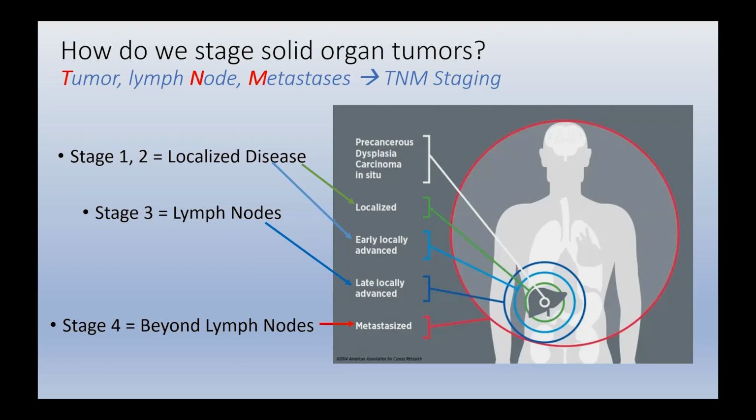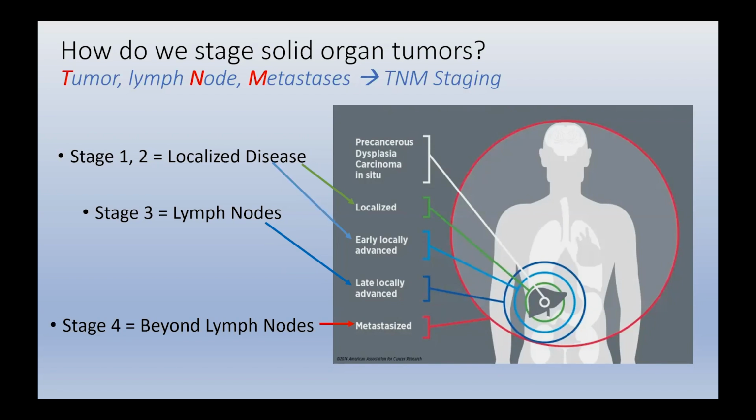This is then put together by pathology and imaging findings, and based on the TNM staging for each cancer, such as lung or breast, each cancer is given a stage of 1, 2, 3, or 4. And what you can see here on the picture on the right is that in this case of a liver cancer, stage 1 is depicted in the green circle, so really localized just within the organ itself. Stage 2 is here in the light blue circle, which is slightly more advanced or early locally advanced.